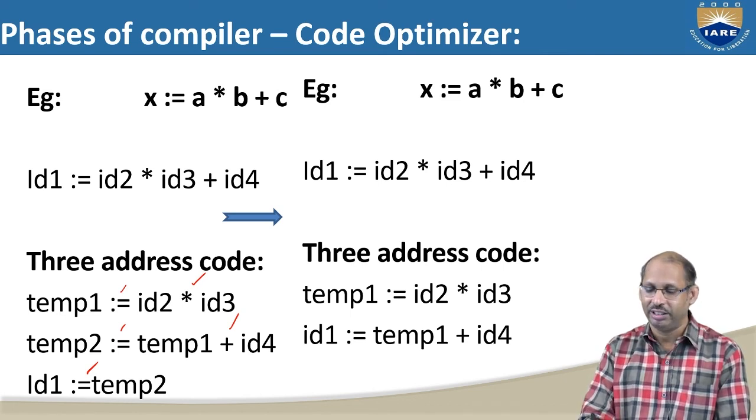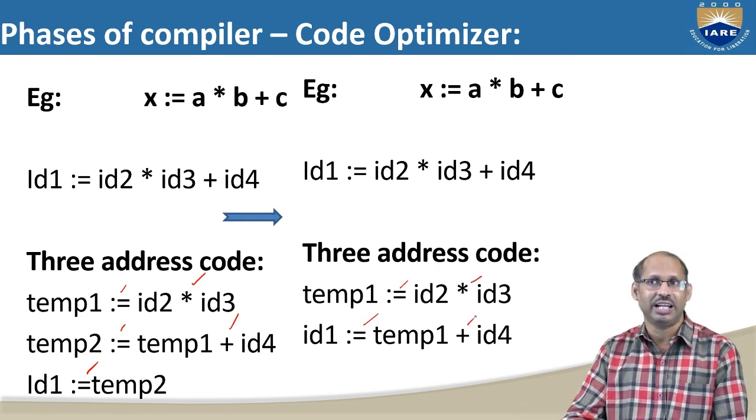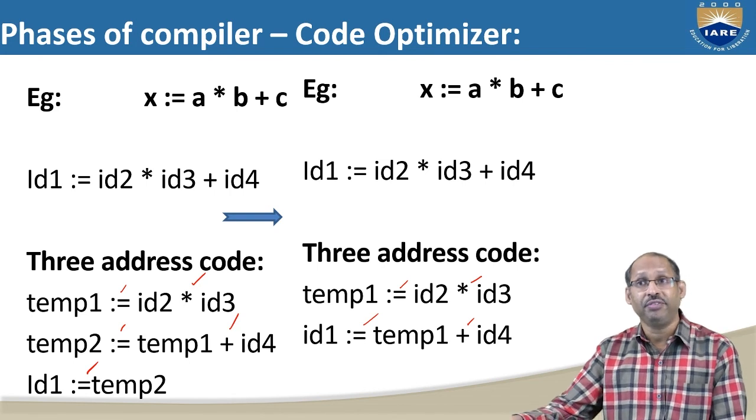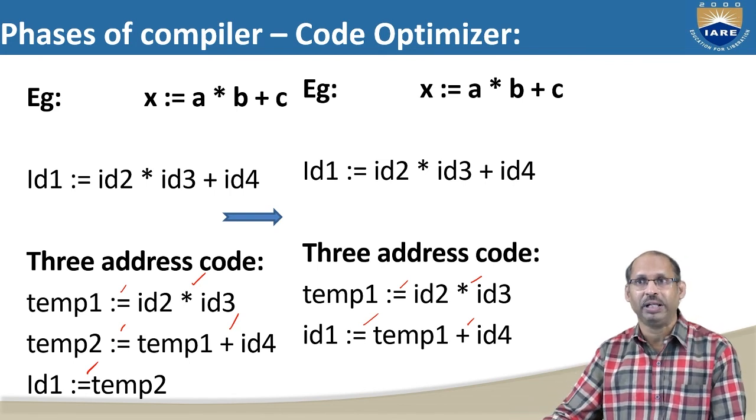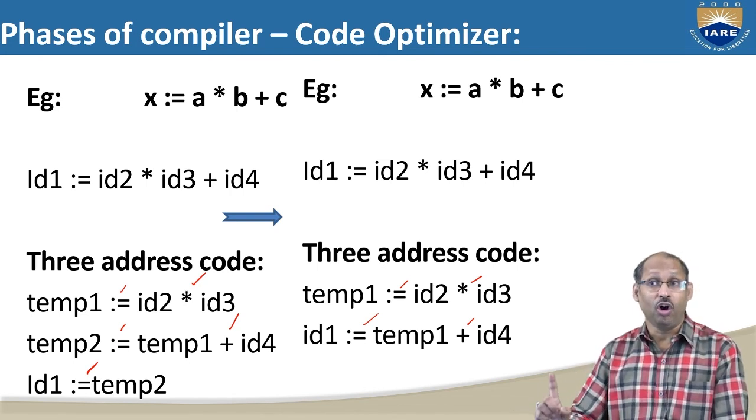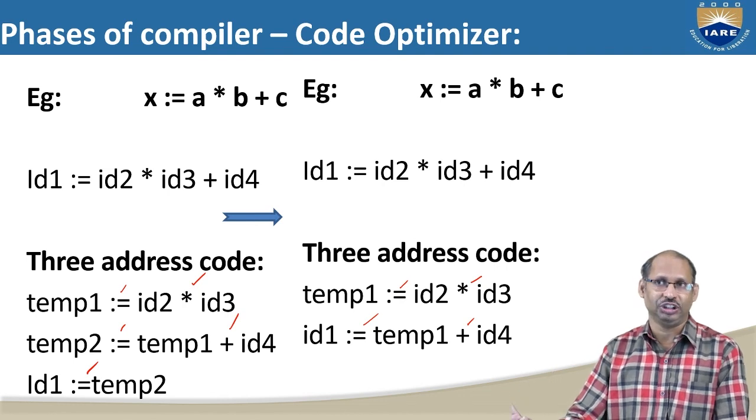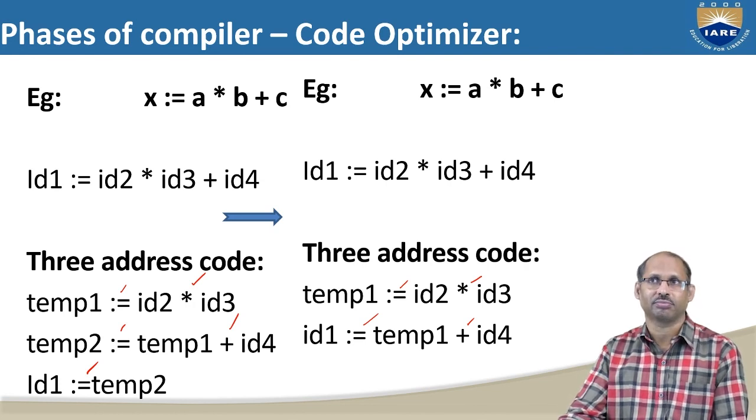But the resultant has 2 assignments, multiplication and addition. So the number of statements and operations are reduced, but the output will not be changed, right? That is the task of the code optimizer. Okay.